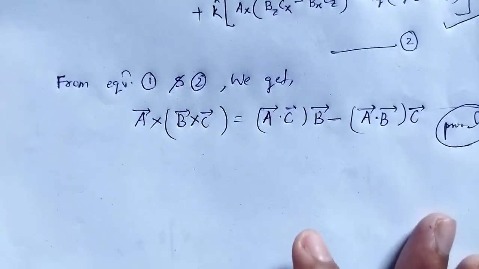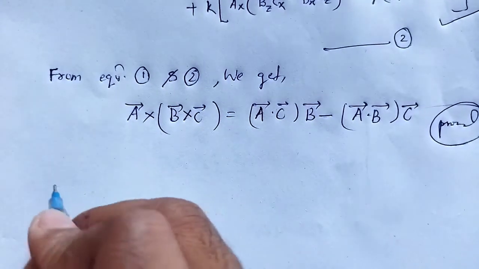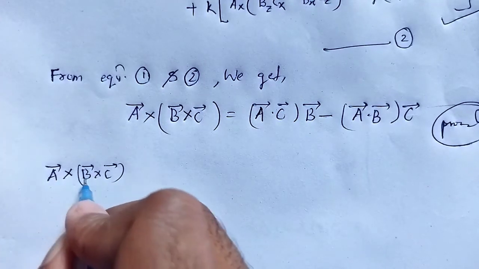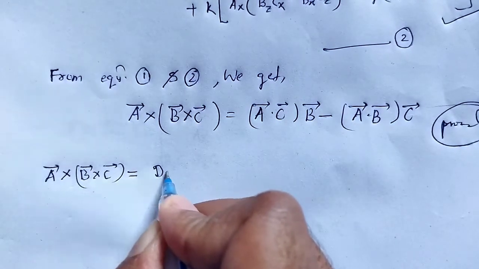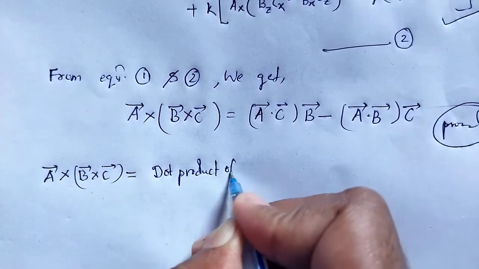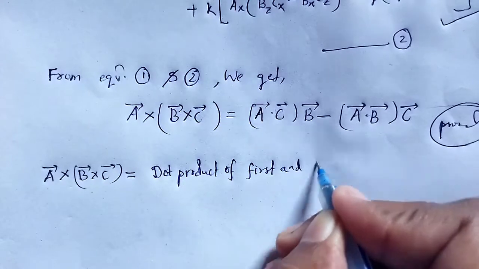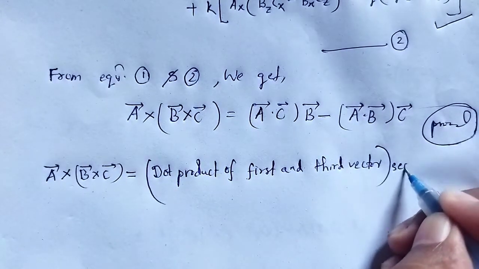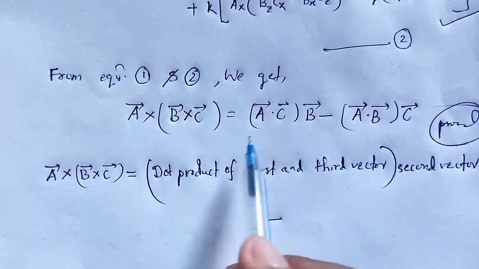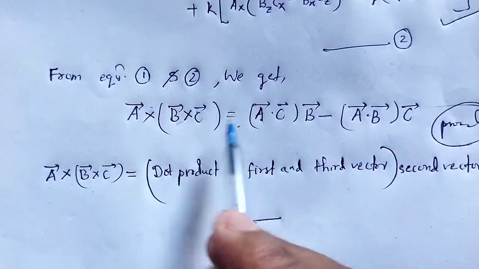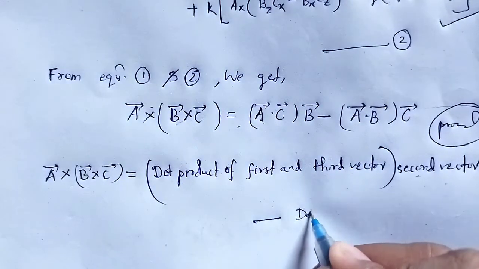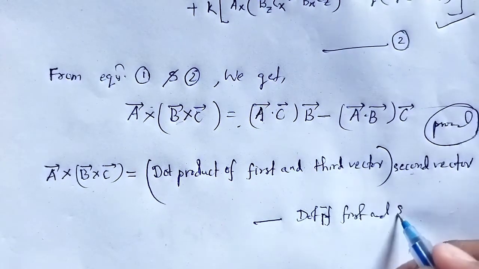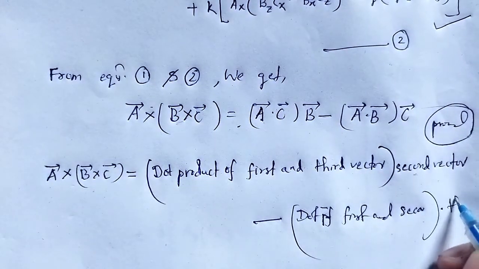For A cross B cross C, we say the dot product of first and third vector into the second vector, minus the dot product of first and second vector with that of the third vector.